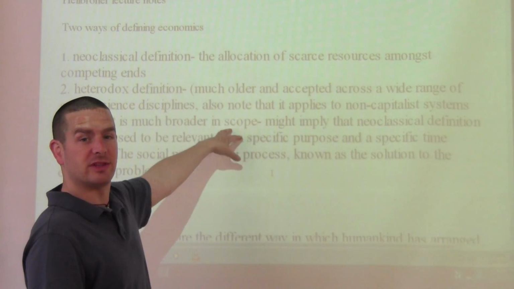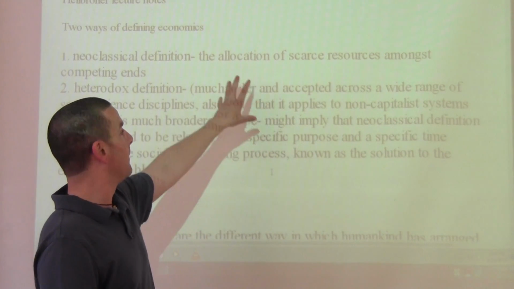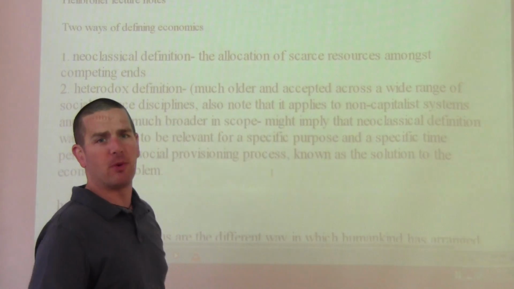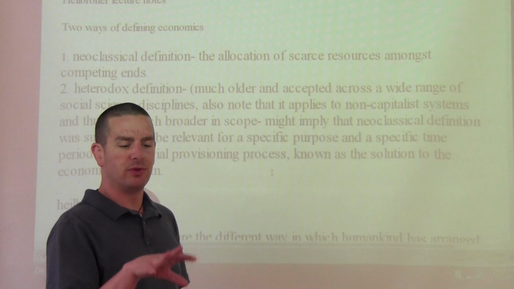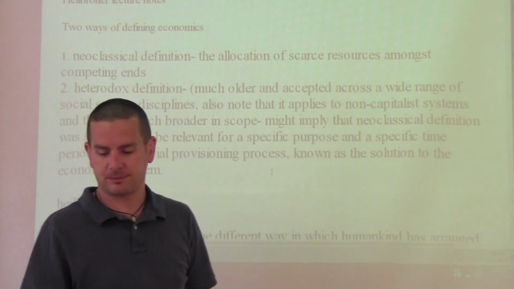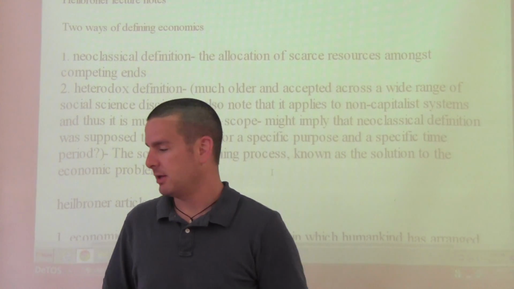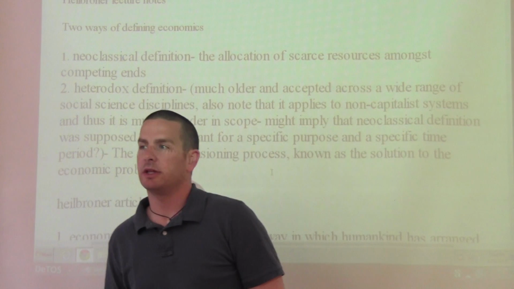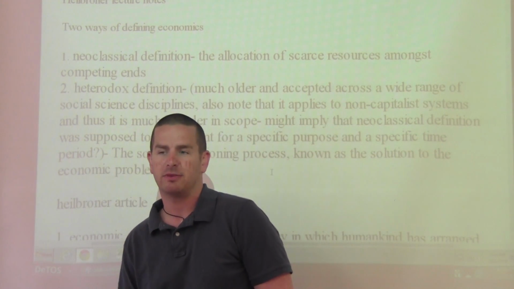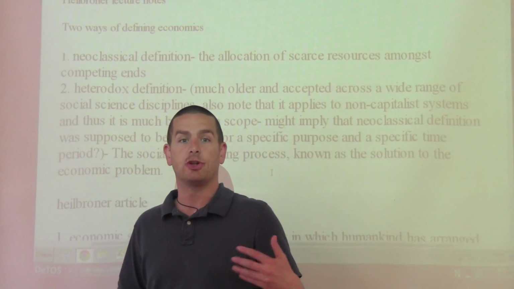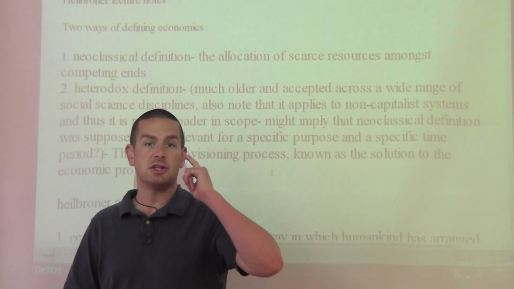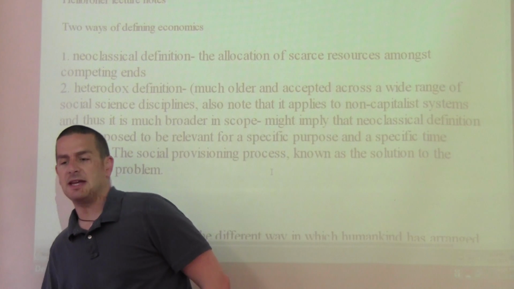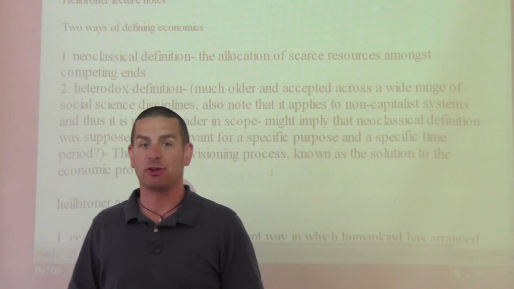I obviously agree with the second definition. Many people have made the point that the allocation of scarce resources amongst competing ends is only relevant to capitalism, or a market economy. Okay, why is that? Well, in a traditional society, an example would be a hunter-gatherer society, like humans 10,000 years ago, one would make the case that resources weren't scarce, right?